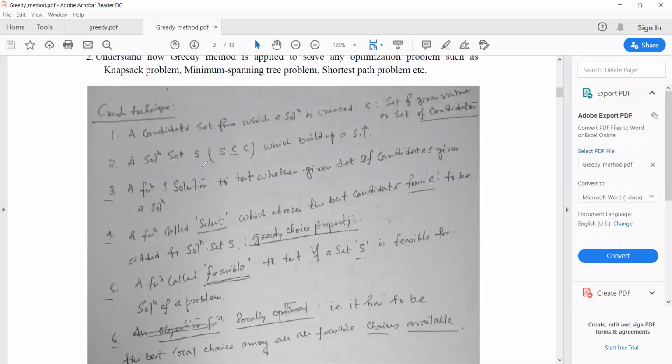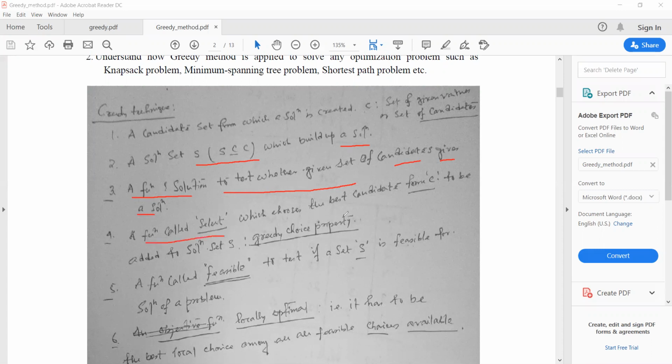Then the solution S is basically a subset of C, which builds up a solution. The function to test whether a given set of candidates will be in a solution or not is called the select function.